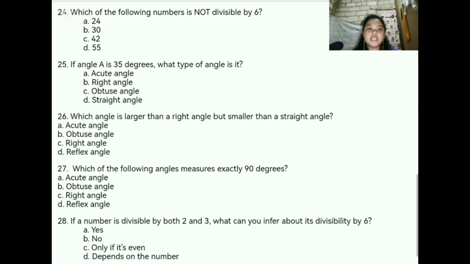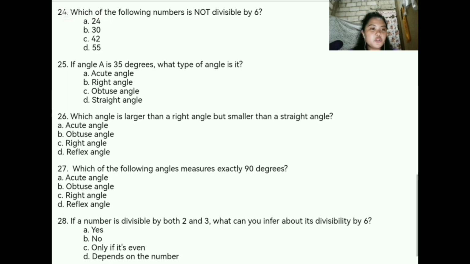But the question is larger than a right angle and smaller than a straight angle. So letter D, reflex angle. So reflex angle is also incorrect because it measures greater than 180 but less than 360 degrees. So again, the correct answer of number 26 is letter B, obtuse angle.